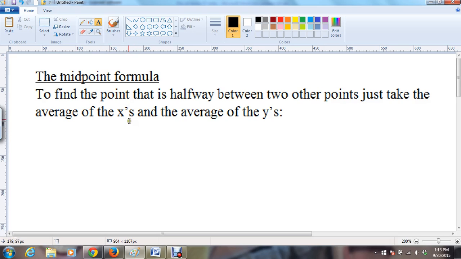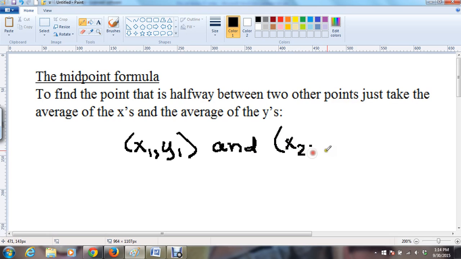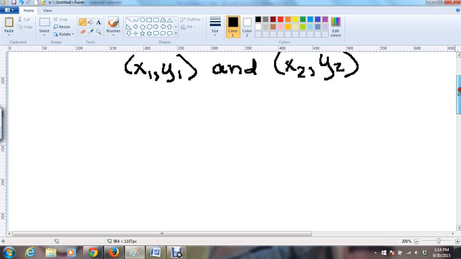So the formula will look like, if you want to find the point that is halfway between (x1, y1) and (x2, y2), then all you have to do is take the average of the x's and the average of the y's.